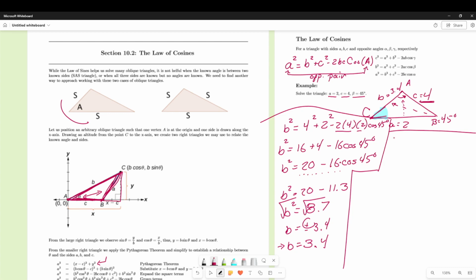So if we want to find that angle A, we know the sine of that angle A in ratio to the 2 has to be equal to the sine of the 45 degrees over 3.4, the opposite pair that we just built using law of cosines. So the sine of A equals 2 times the sine of 45 degrees over 3.4.